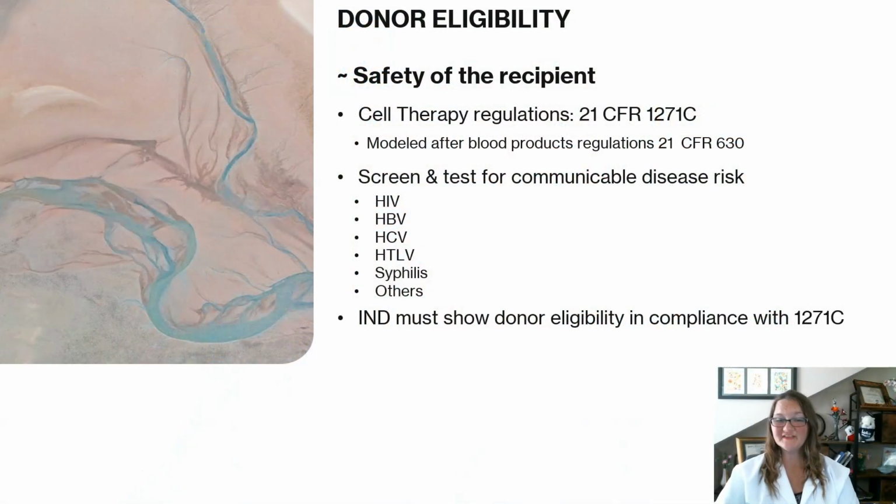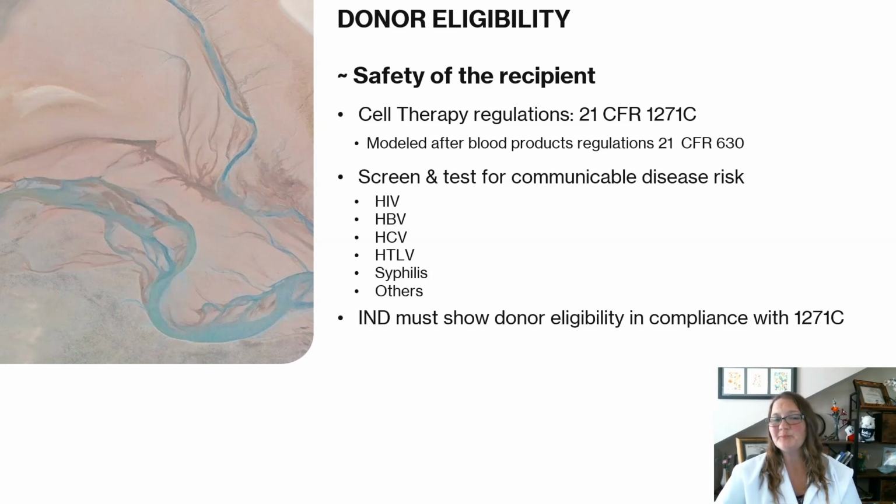First, donor eligibility. Donor eligibility is exclusively focused on the safety of the cell therapy product recipient. Its determination is required by the FDA, outlined in 21 CFR 1271C. It's also modeled after the blood donor eligibility requirements found in 21 CFR 630.